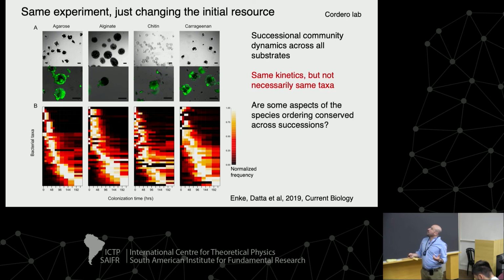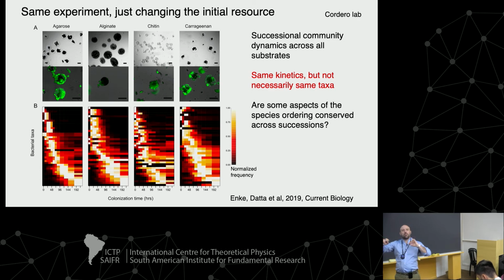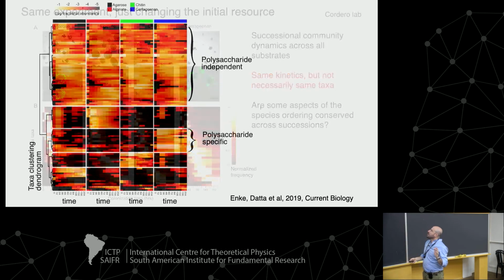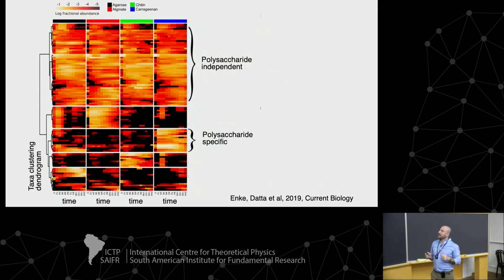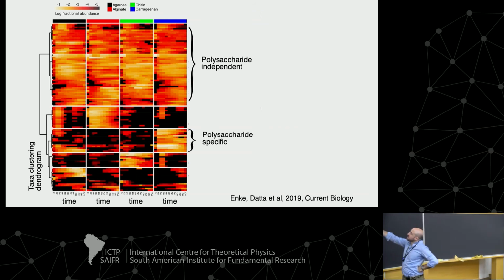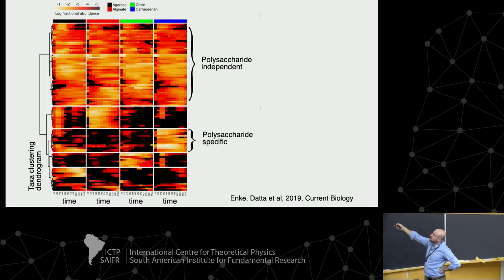And so now the next question is, okay, what if we were to align these heat maps so that we have the same species on the same row? What would this look like? Okay, and this is what it looks like. So what are we seeing here? Just to be clear, these columns with the colors are the different substrates. There are 4 substrates: chitin, alginate, agarose, and carrageenan.